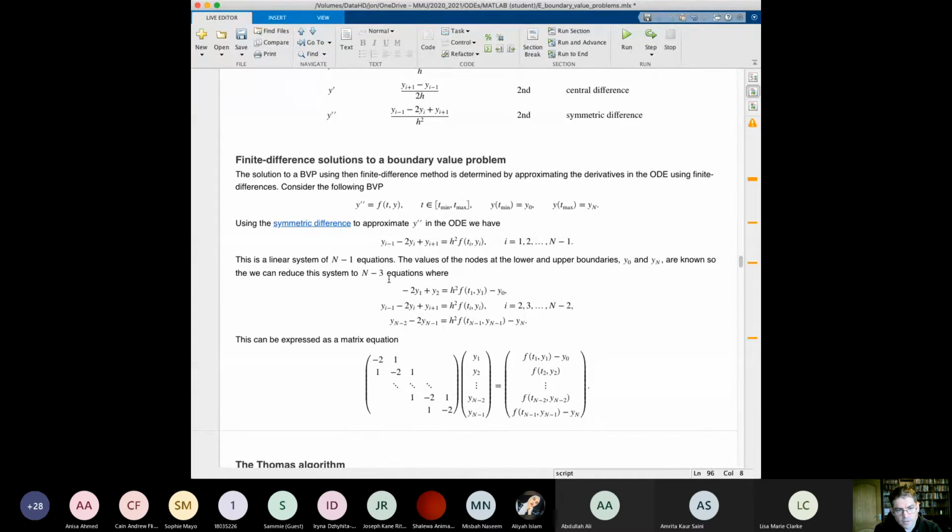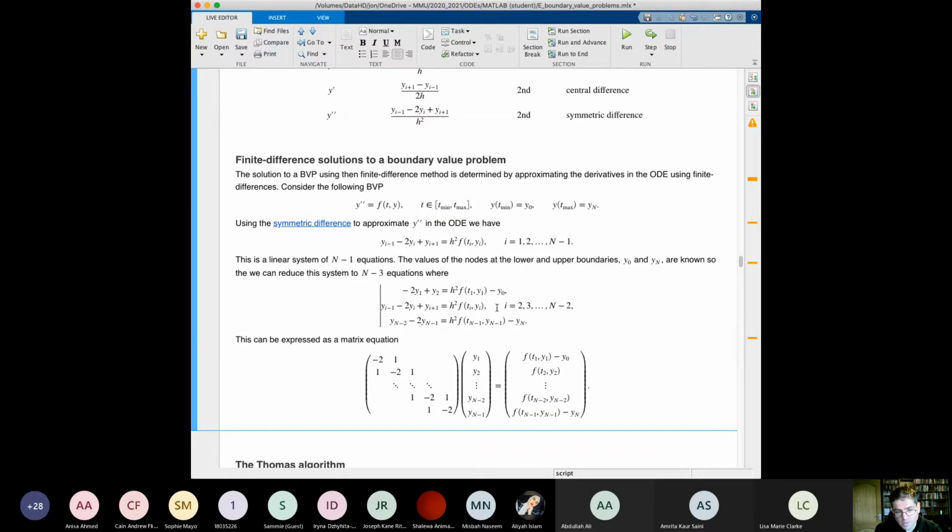For the first equation, we'd have y0 minus 2y1 plus y2 equal to h squared times f of t1, y1. But since we know what y0 is, we take that over to the right hand side. So essentially with this system of equations, everything on the left is unknown, our y values, and everything on the right is known.